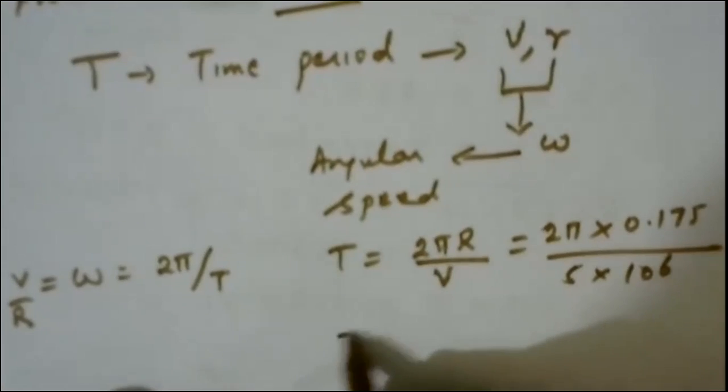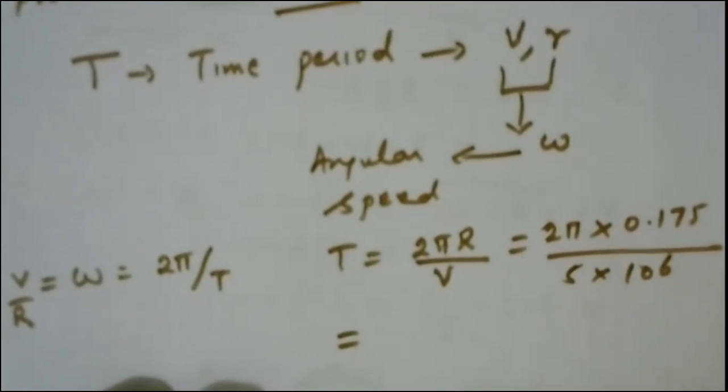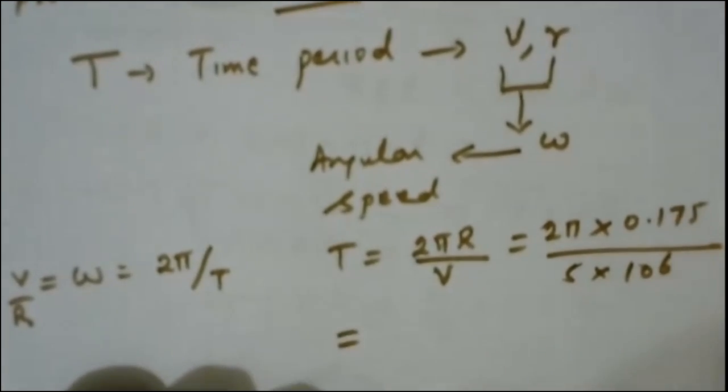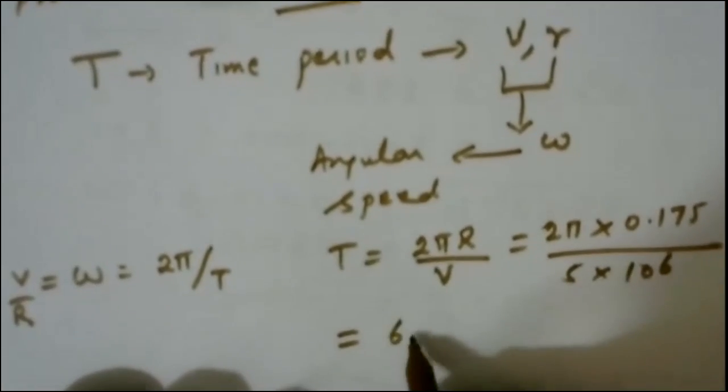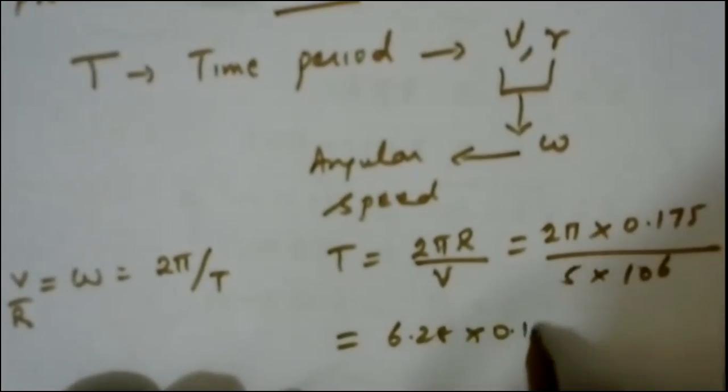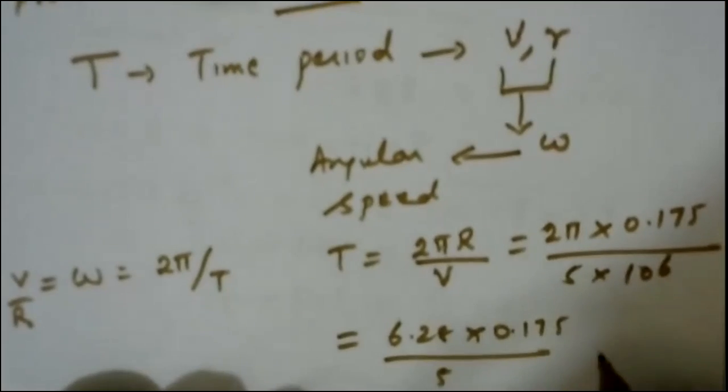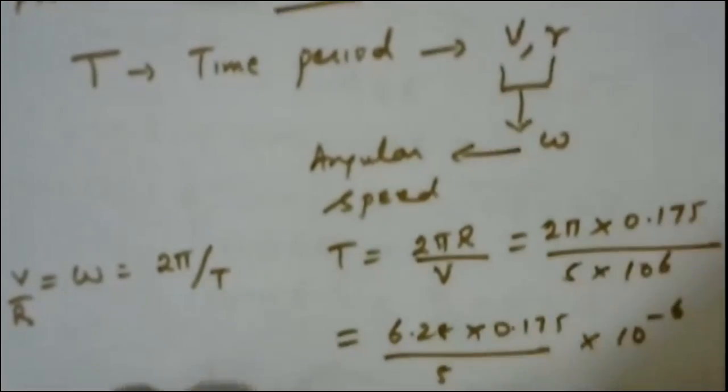Now let me substitute all these values and see what you get. 2 pi is nothing but 6.28, into 0.175, divided by 5 into 10 to the power of minus 6.